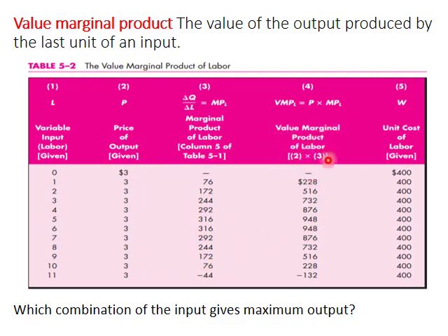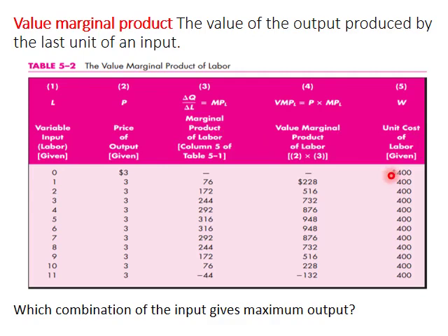It can be obtained by multiplying the price of the output with that of marginal product of labor. Price of the output times marginal product of labor provides us the value of marginal product of labor. And these are the unit cost of the labor.